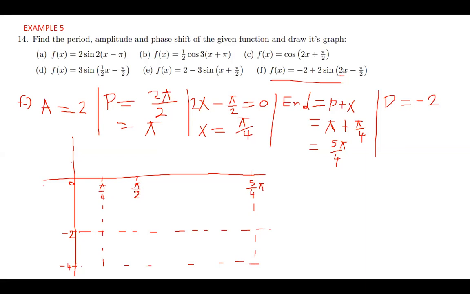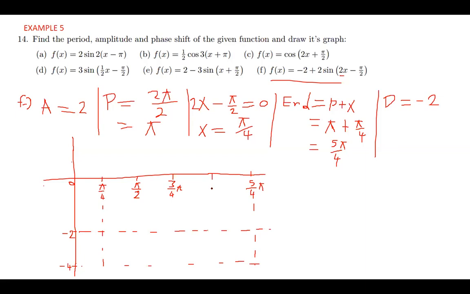And then pi over 2 plus pi over 4 again, you find your answer to be 3 pi over 4. Then you add another pi over 4, you get your answer to be pi.